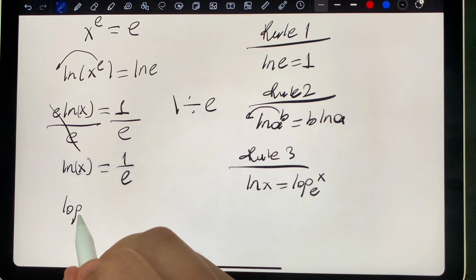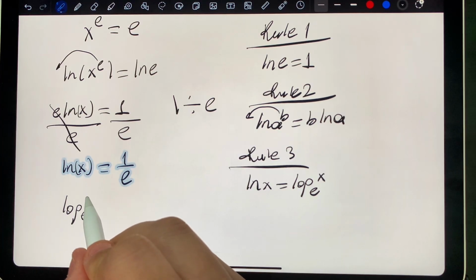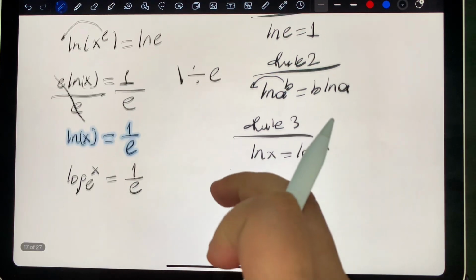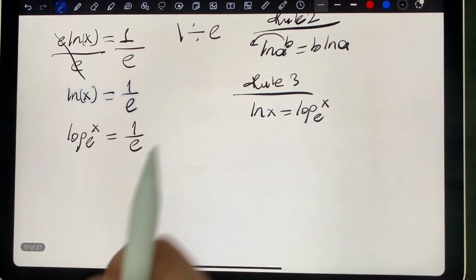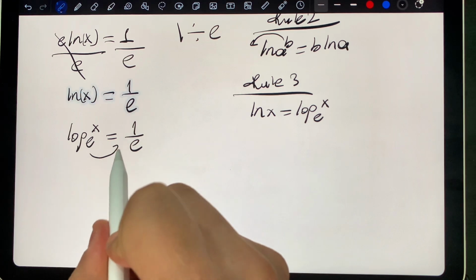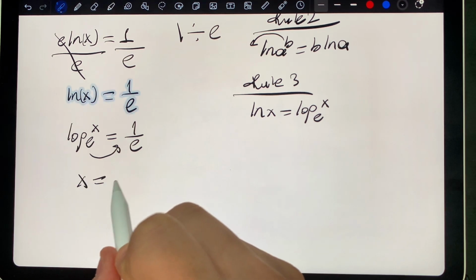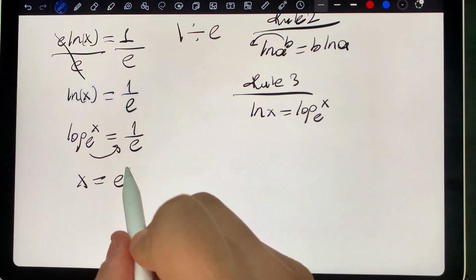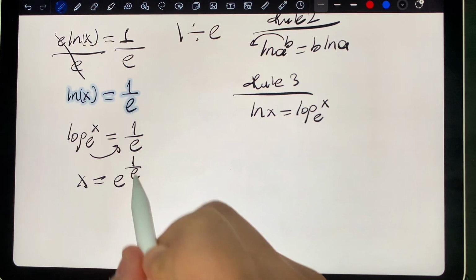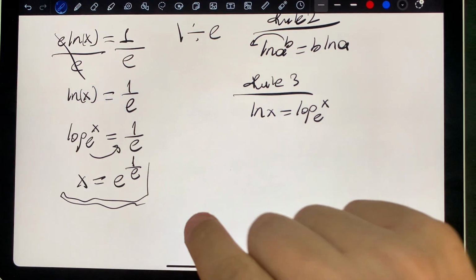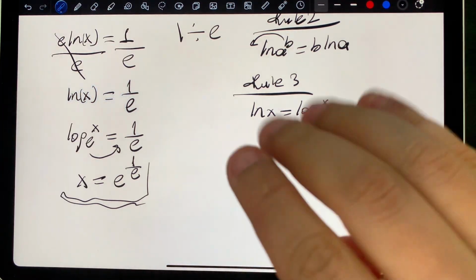Log base a of x equals 1 over a. Now x equals a power 1 over a. Answer.